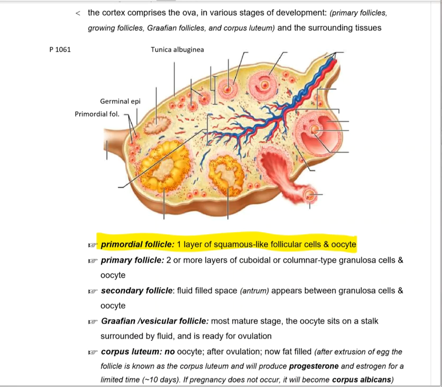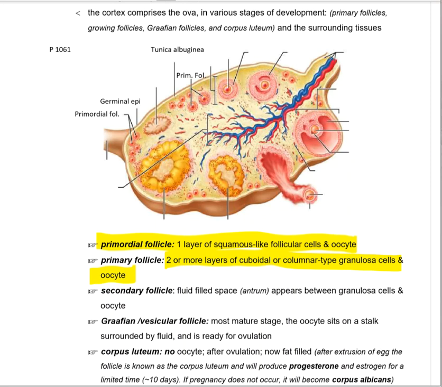And then the primary follicle generally tends to be a couple layers. Let's see if I move over here a little. Primary follicles usually have two or more layers of more cuboidal cells, which are called granulosa cells, or follicular cells.